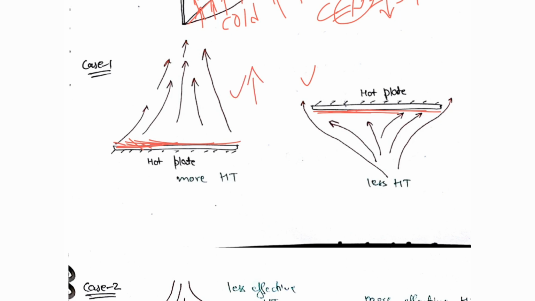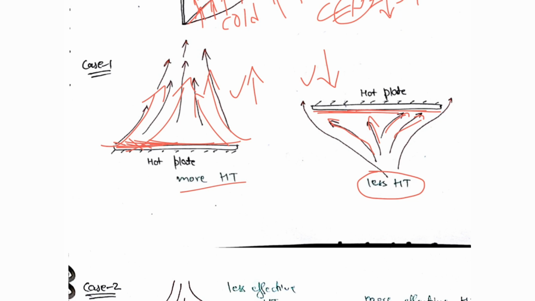In this case heat transfer is higher because it is freely allowing the air to go away from the plate as soon as it gets heated up. In the other case it is not allowing the air to flow that freely. It is obstructing the motion of air. That is why the rate of heat transfer is less in this case, more in that case.